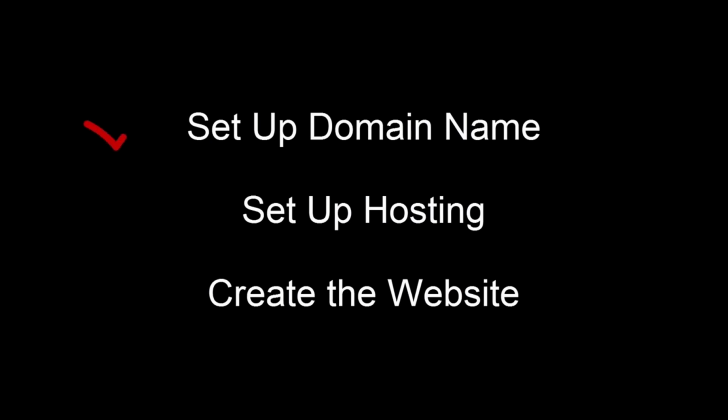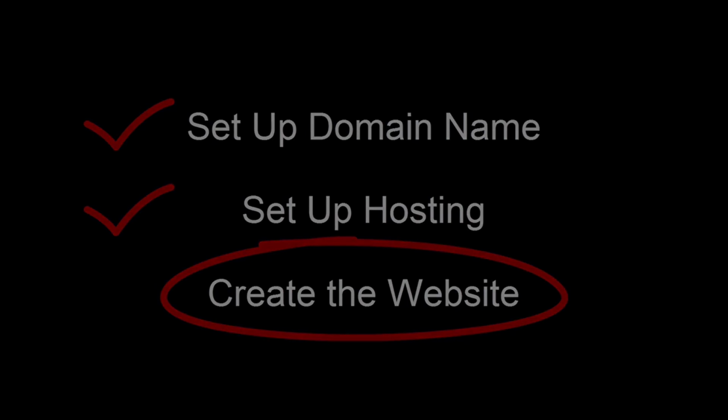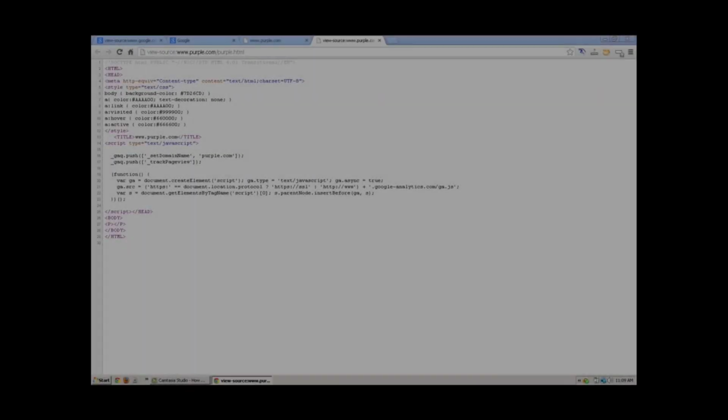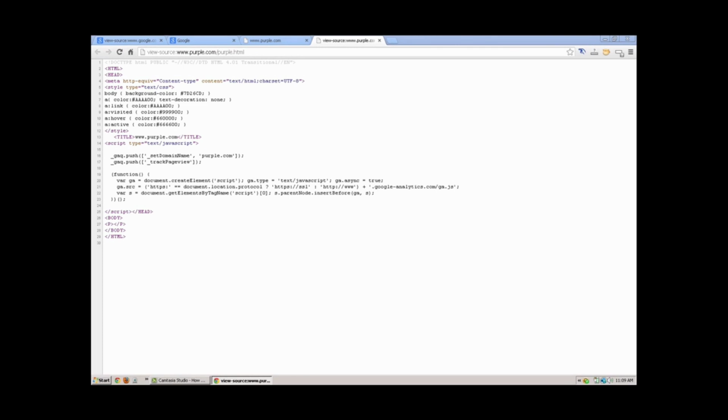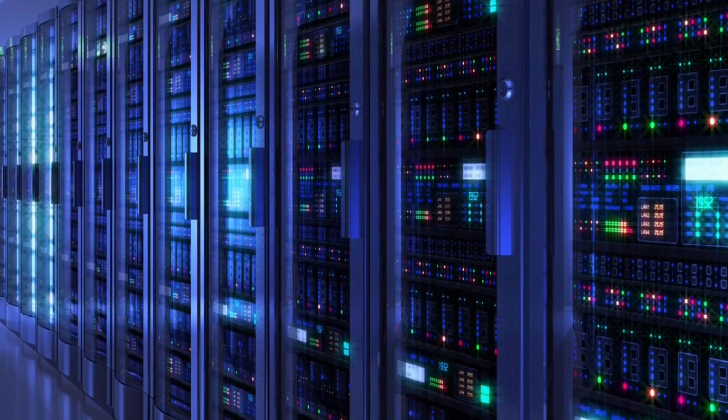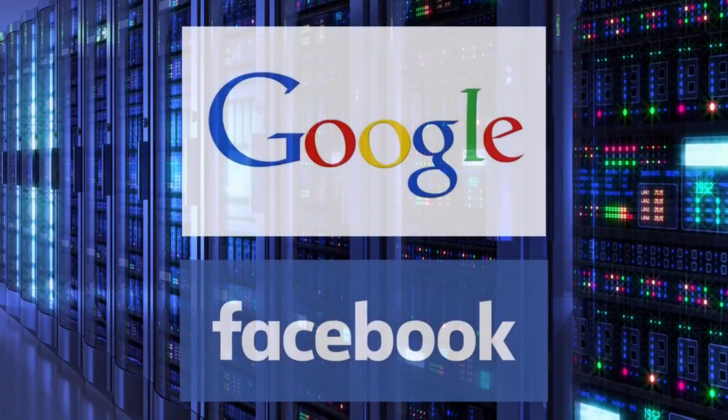Once a person has set up a domain name for their site and a hosting account to host their website, now it's time for them to actually create the website itself. And remember, websites themselves are just information you can access online. Now, they can either be extremely simple, like this website, or they can be massively complex with millions of servers contributing to them, like Google or Facebook.